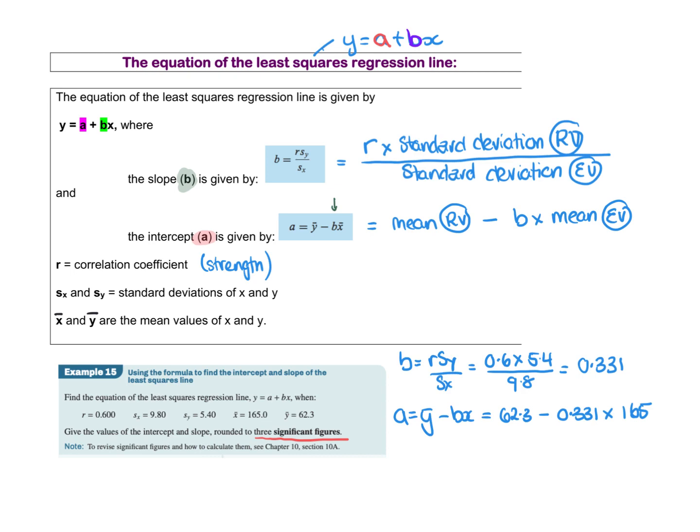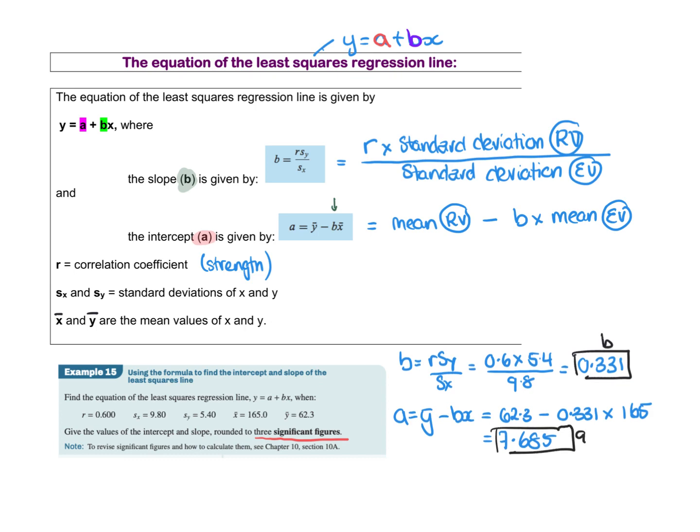Okay, so if we work that out on our calculator, we end up with 7.685. Okay, so I've got, here's the B, here's the A.